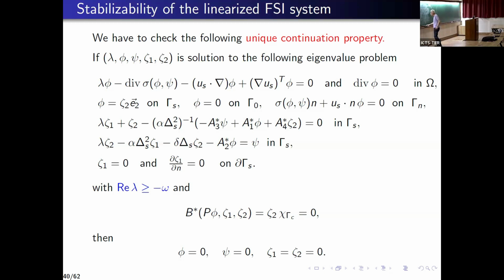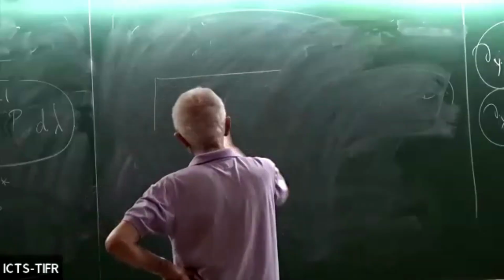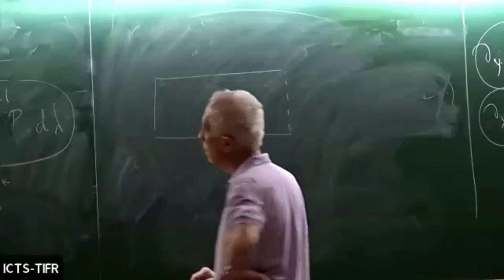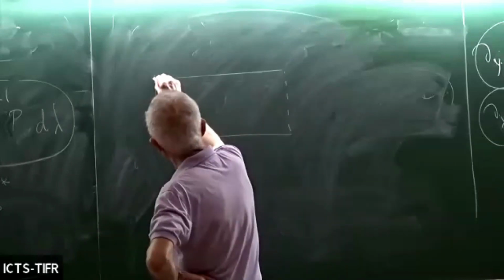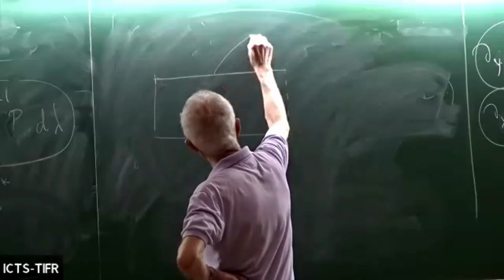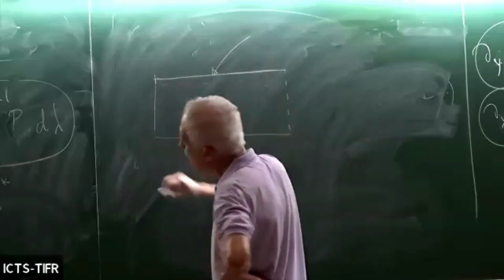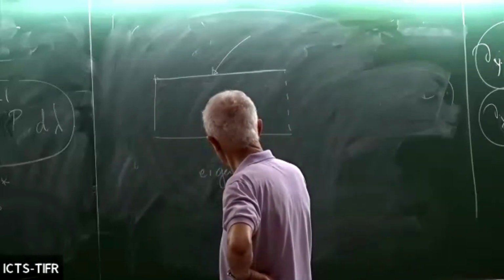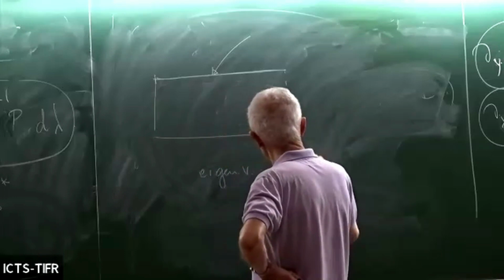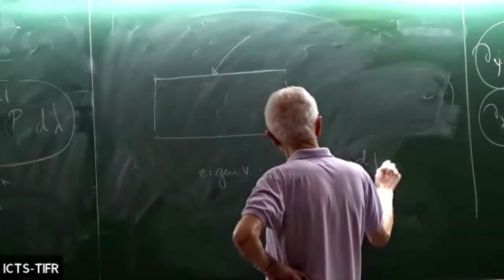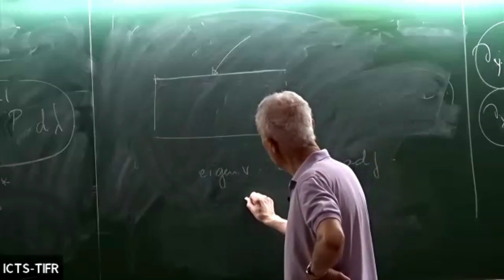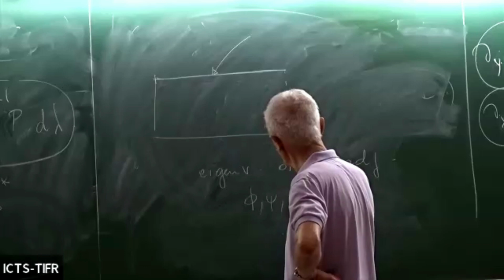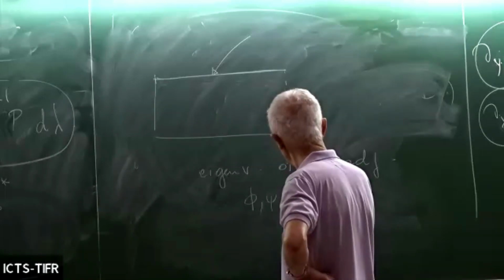So what does it mean? It means that this is my domain. In this domain, I consider an eigenvector of the adjoint equation, which is phi, psi, zeta 1, zeta 2.